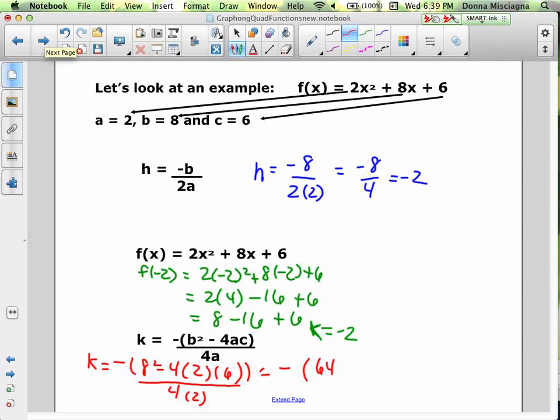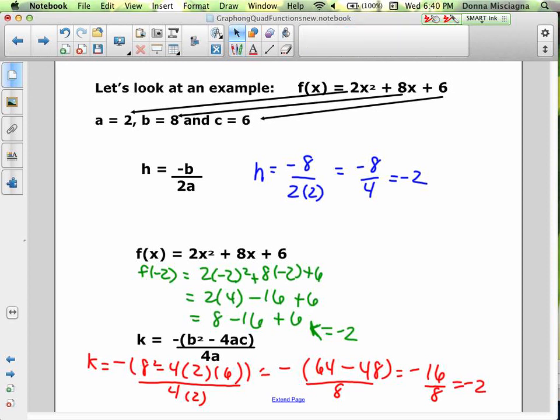And then minus 4 times 2 is 8, and 8 times 6 is 48, all divided by 8. So that's going to be negative 64 minus 48, that's 16. Negative 16 divided by 8, that's negative 2. So you see we got the same thing both ways. It does not matter to me which method you use to find the y-coordinate, but I offer you 2 methods, so you have a choice.